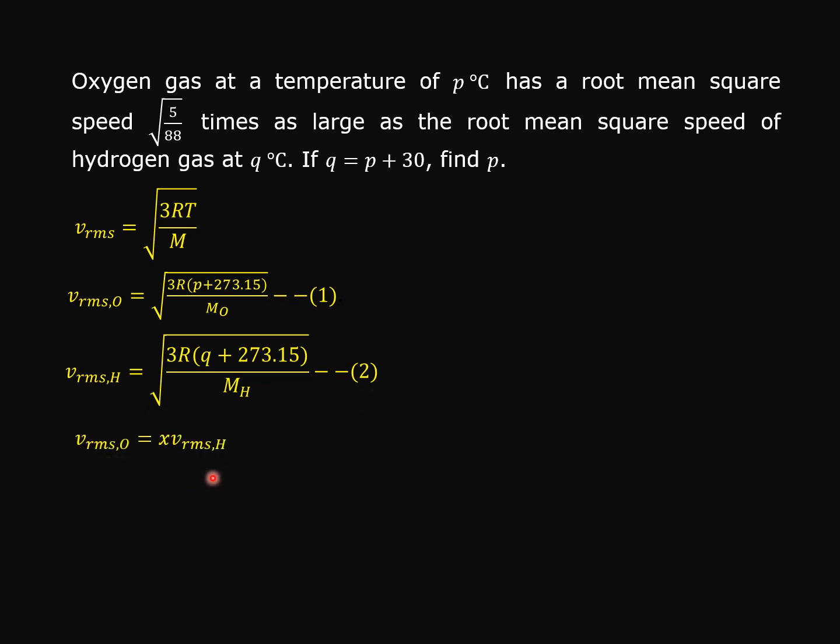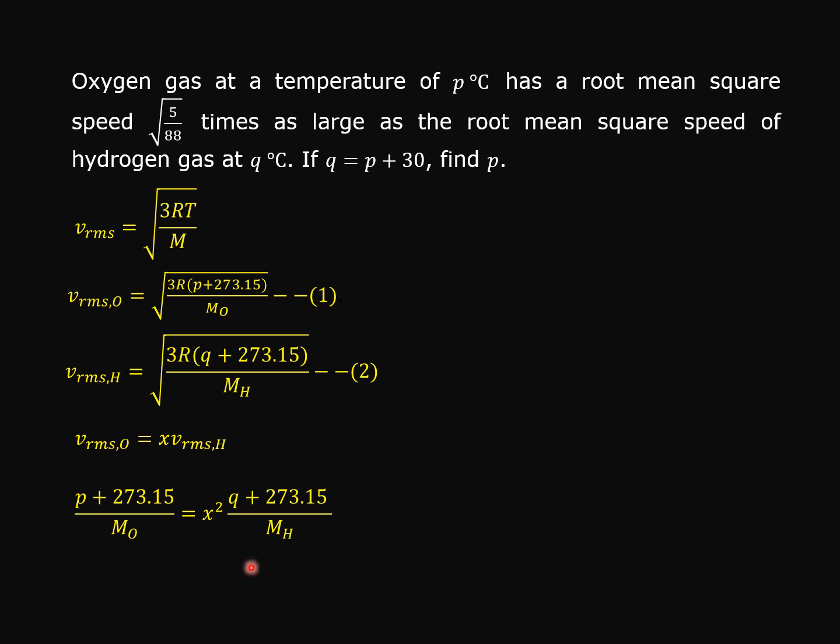According to the information given by the question, we also know that the VRMS of the oxygen gas is equal to x times the VRMS of the hydrogen gas, where x takes the value of the square root of 5/88. We can now substitute equations number 1 and 2 into this expression, and we take the square of both sides to get rid of the square root sign.